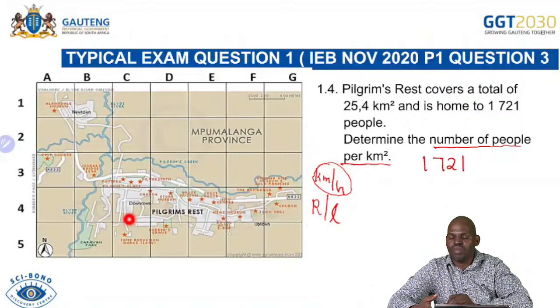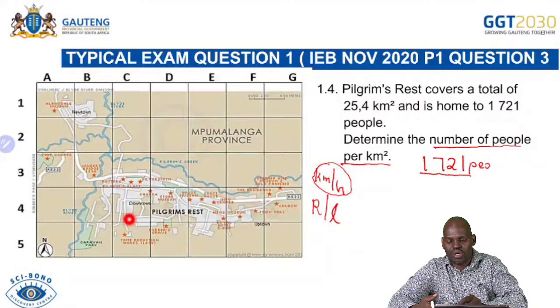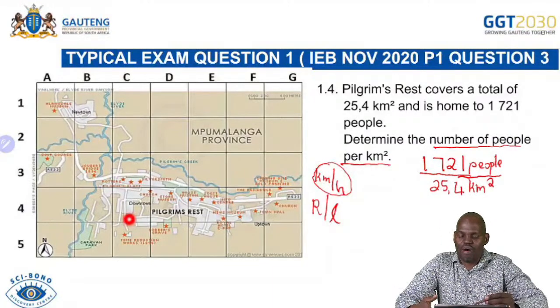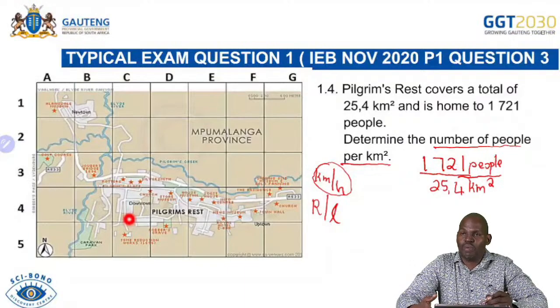1,721. Then we divide it by 25.4 kilometers squared.